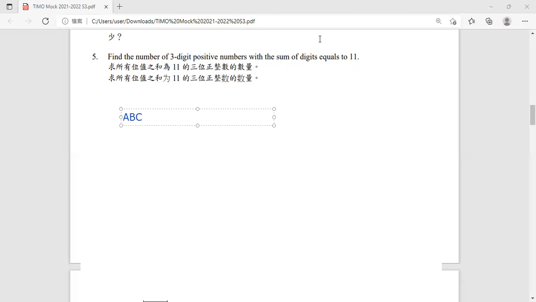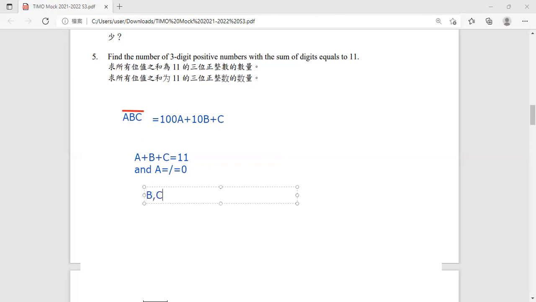Say I have a number ABC with a bar on it, which means 100A plus 10B plus C. Now I know that A plus B plus C equals 11, and A is not equal to 0. So B and C can be 0.